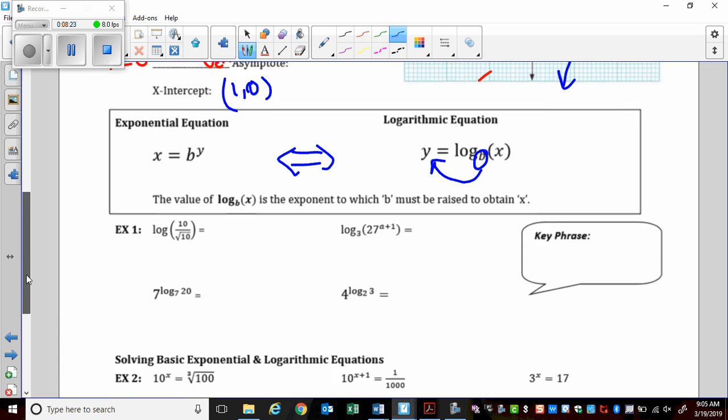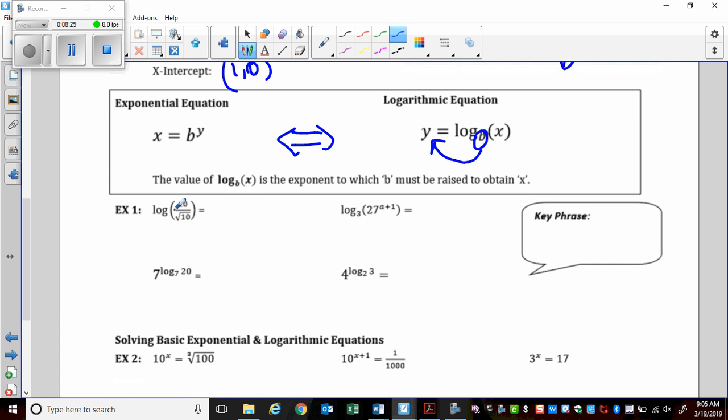I will try a couple. This is log of 10 divided by the square root of 10, which is log of 10 to the first power over 10 to the 1/2 power. Remember, if there's a fraction, we can subtract these exponents to move it up.